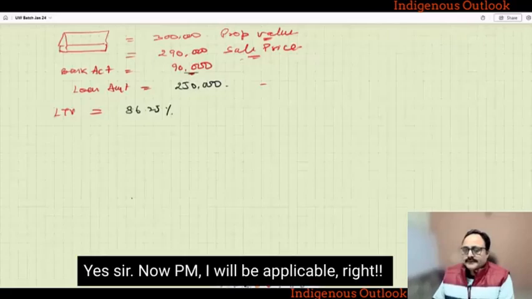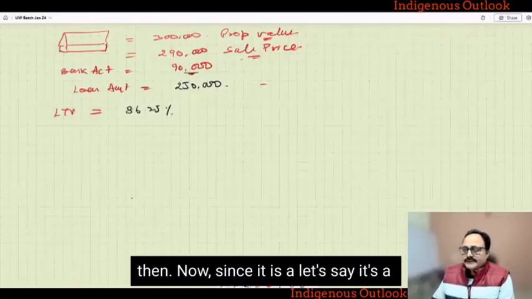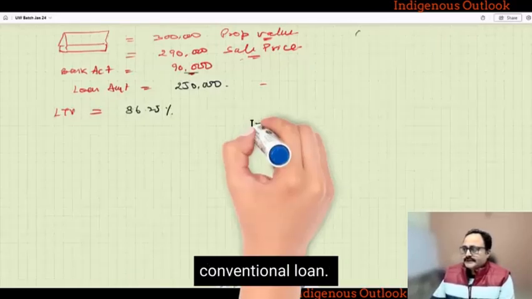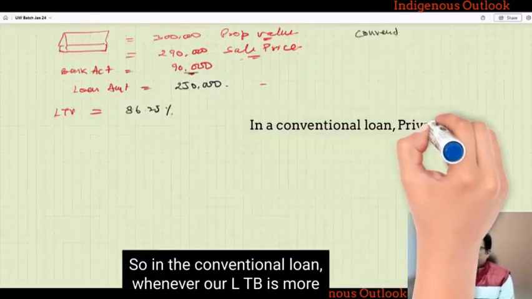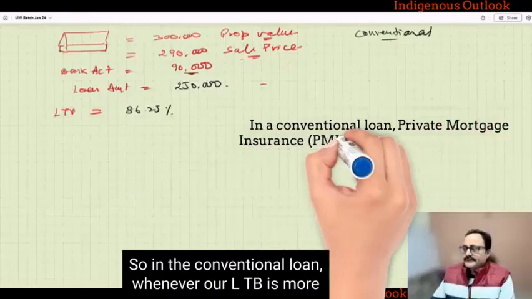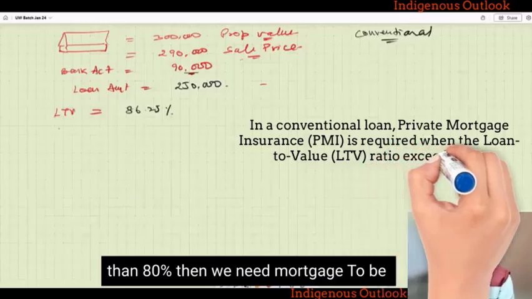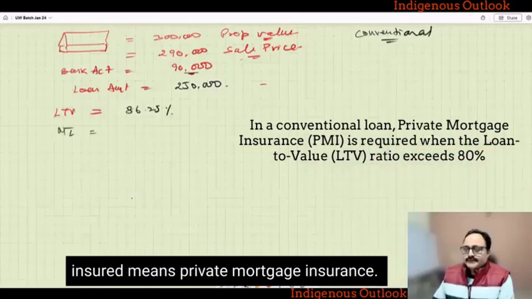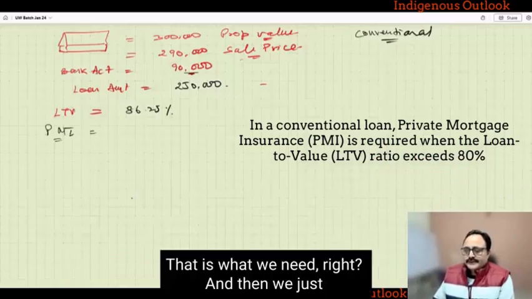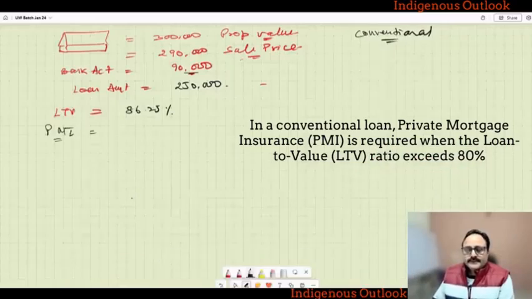Yes, sir, now PMI will be applicable. Since it is a conventional loan, whenever our LTV is more than 80%, we need the mortgage to be insured, that is, private mortgage insurance. And then we need to pay the premium for that.